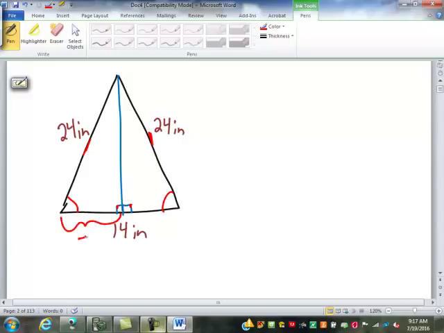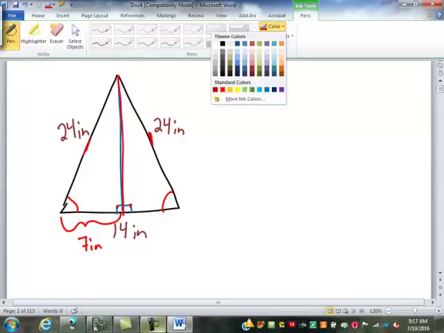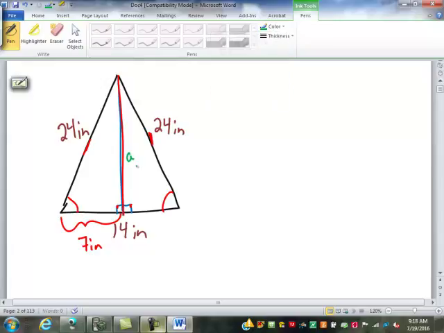This piece is 7 inches, half of the 14. And we can find its height. How do we find its height here? We call that A. The 7 is B and the 24 is C. A squared plus B squared equals C squared.